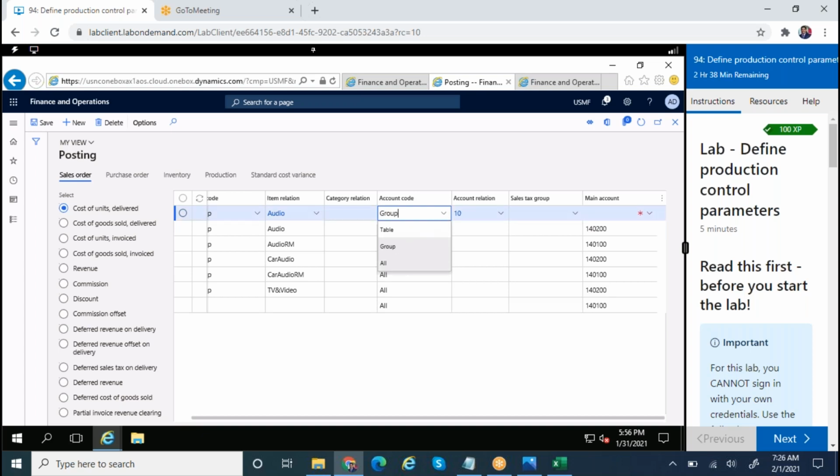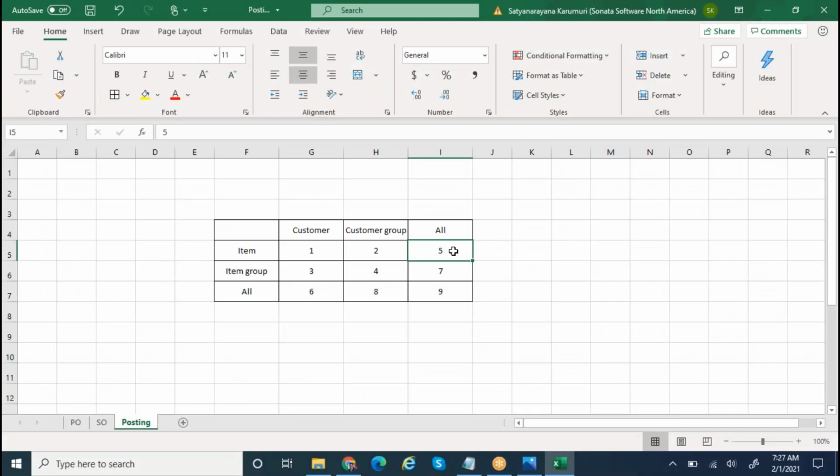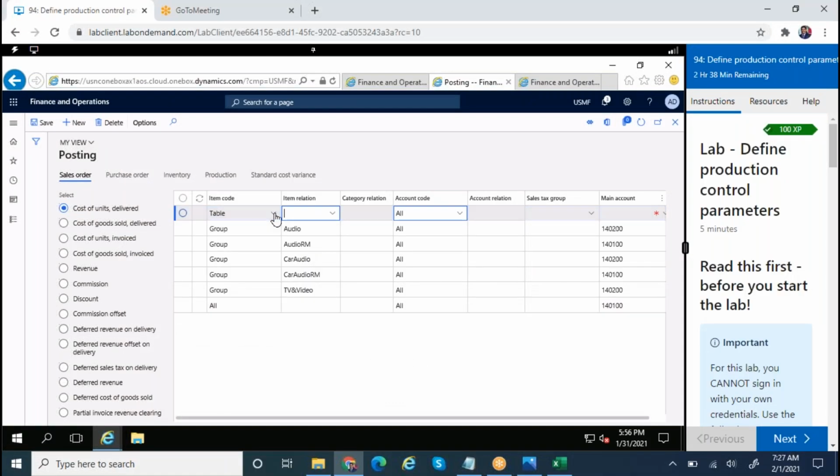For all customers, each item wise combination. Next priority is for all items for specific customer. Next priority.